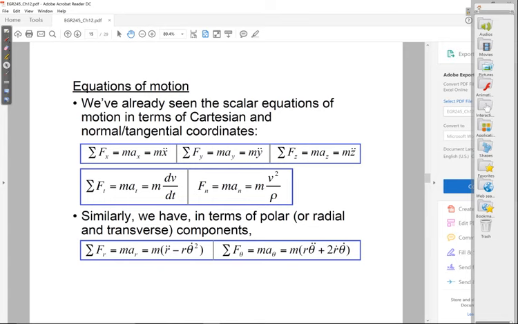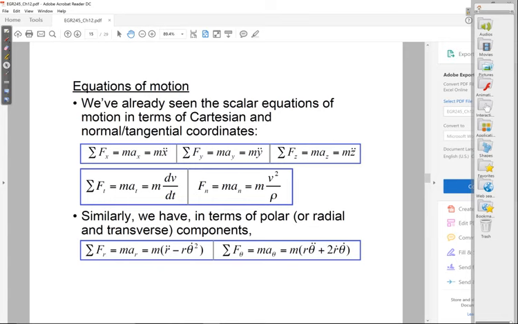Very important that you remember from last time that in order to use the radial transverse coordinate system, you need two functions. You need a function that describes how theta changes with respect to time and how r, or your radial dimension, changes with respect to time. If you don't quite remember this, go back and review the material from that second lecture.